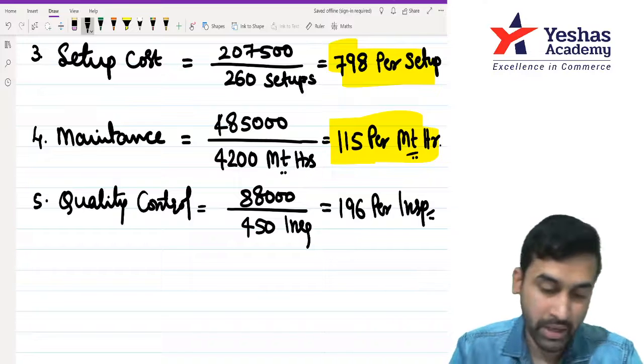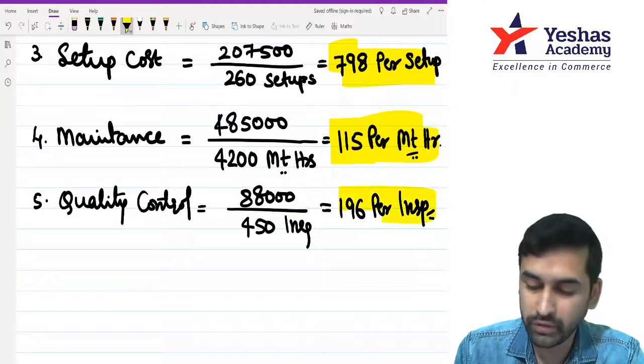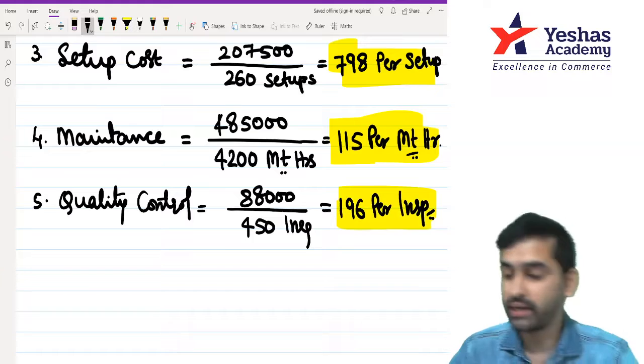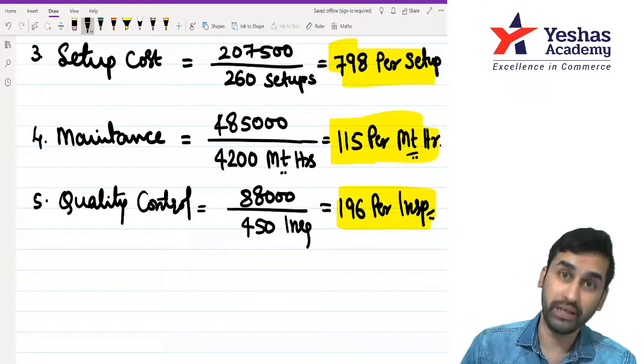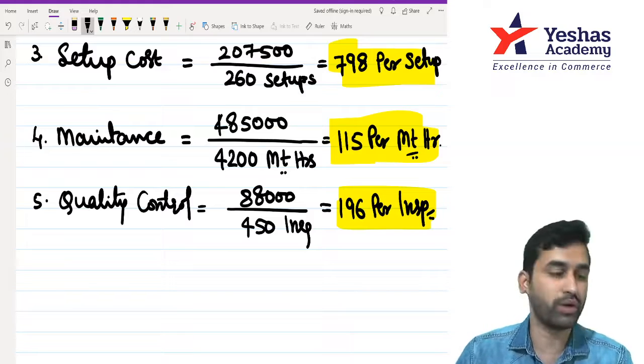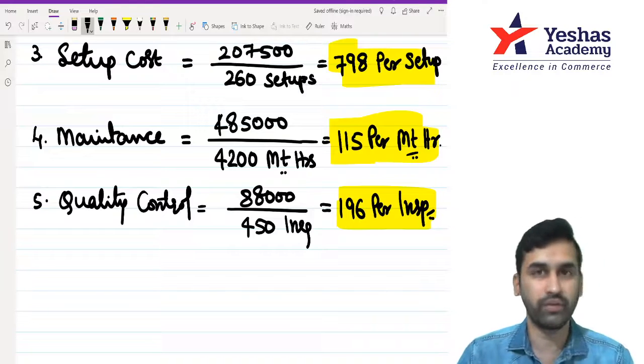Correct. You may have some rounding of difference. Some students may take it as 195.5 or 195.6. So even in the final answer, you will have some difference because of rounding off. So don't worry about rounding off difference.